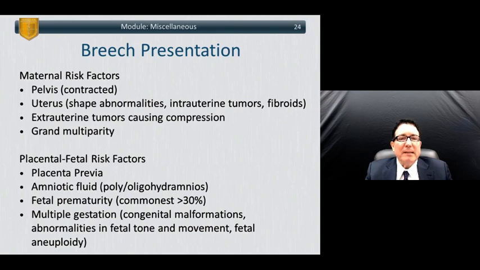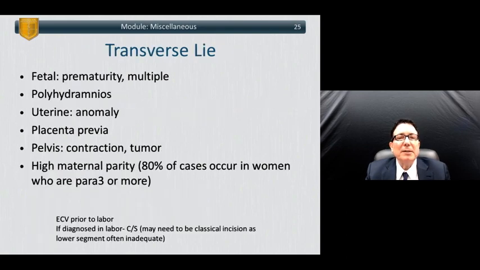There are also placental and fetal risk factors: placenta previa, amniotic fluid issues like oligohydramnios, fetal prematurity, which is the most common in over 30%, and multiple gestations. Transverse lie, again, prematurity, polyhydramnios, anomalies of the uterus, placenta previa, etc. 80% of cases occur in women who are para 3 or more.